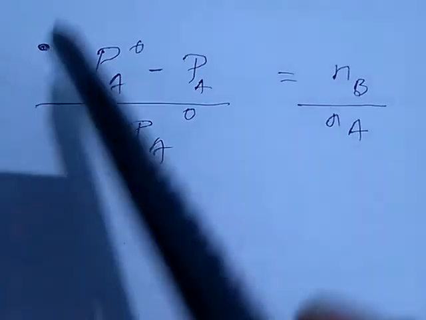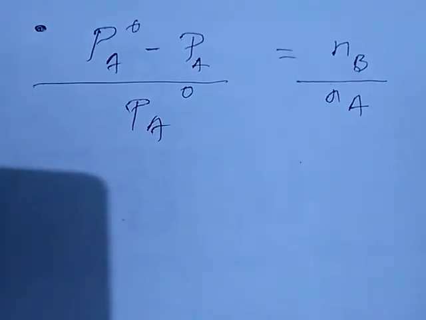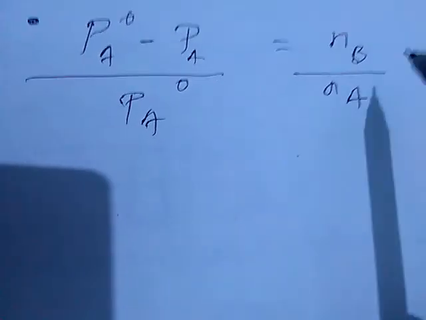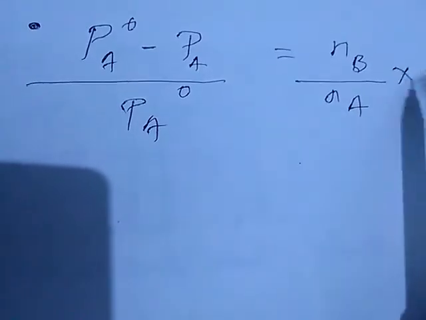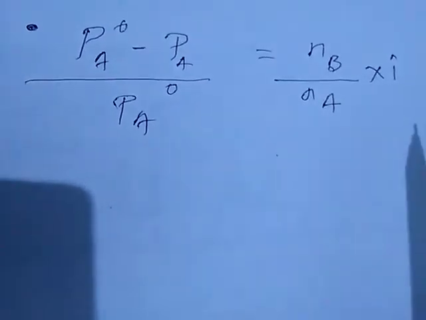This was the expression we have seen for the relative lowering in vapor pressure. This expression is without including Van 't Hoff factor, but as the Van 't Hoff factor has been introduced, there would be a change. We will multiply the Van 't Hoff factor in this expression.